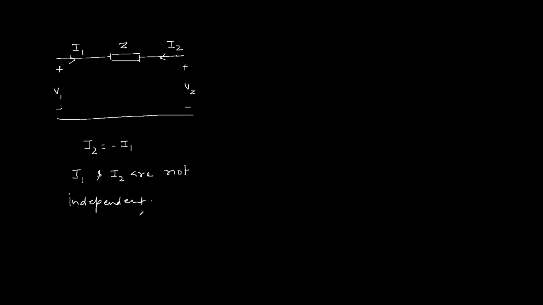But here I1 and I2 are dependent. So Z parameters for this network, or for this circuit, do not exist. Why? Because I1 and I2 are dependent. Let's take another circuit.